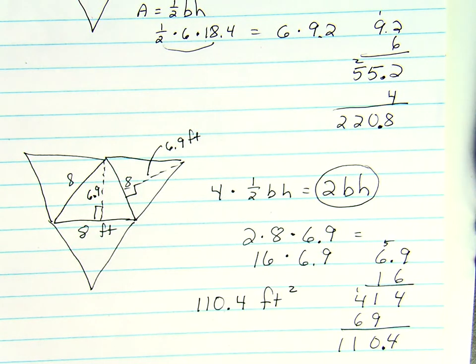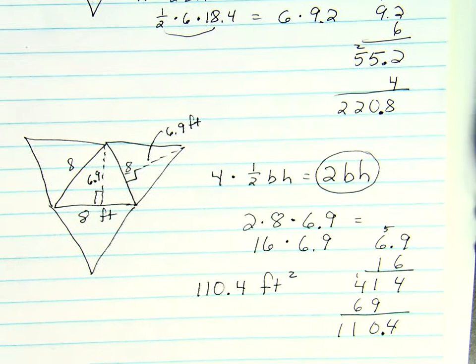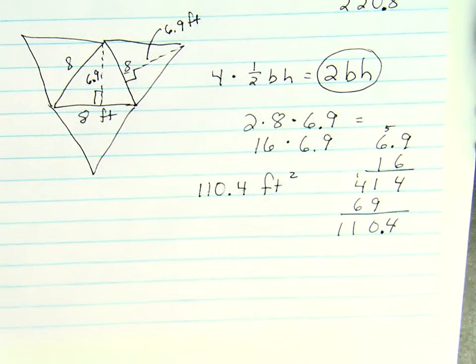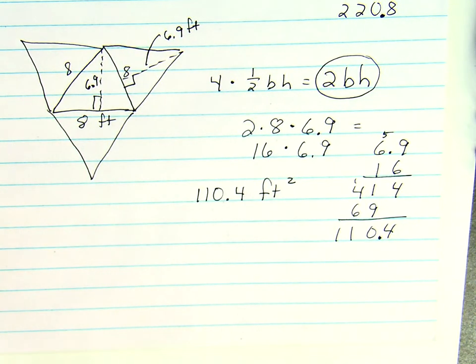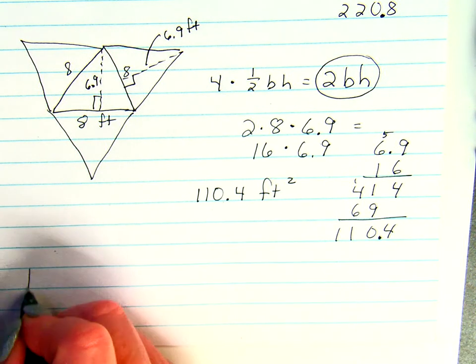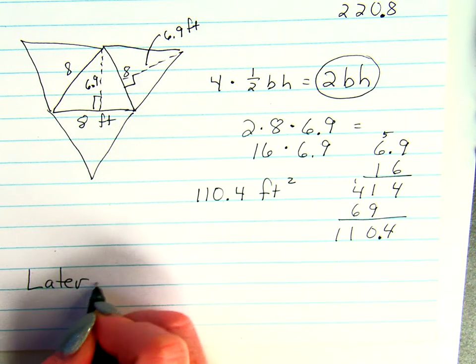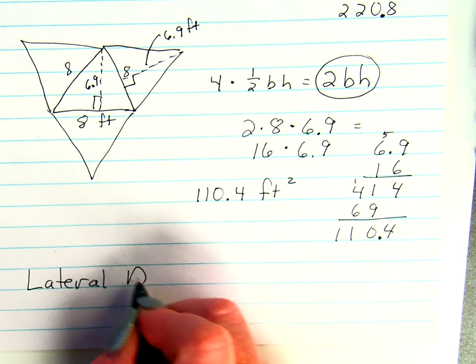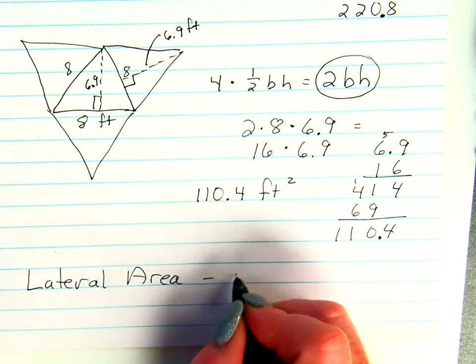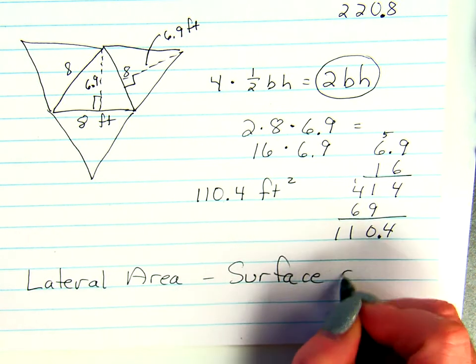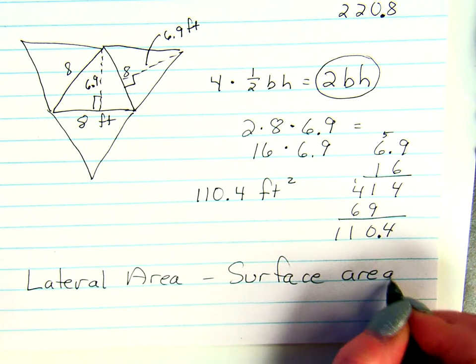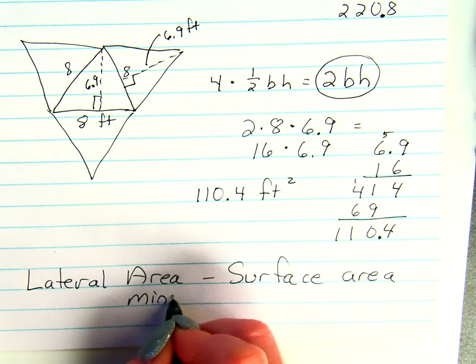Now, your book is going to talk a lot about lateral area and surface area. Just so that we are clear, the lateral area is simply the surface area minus the base.